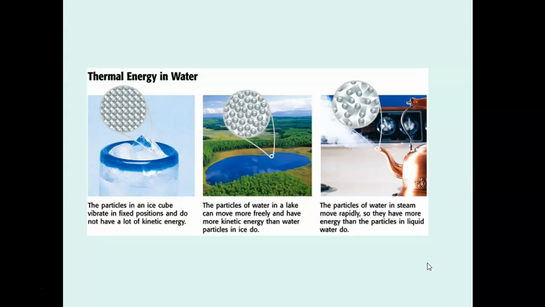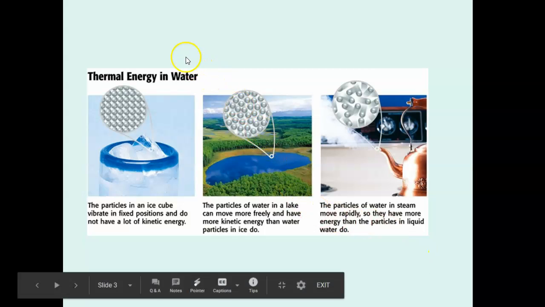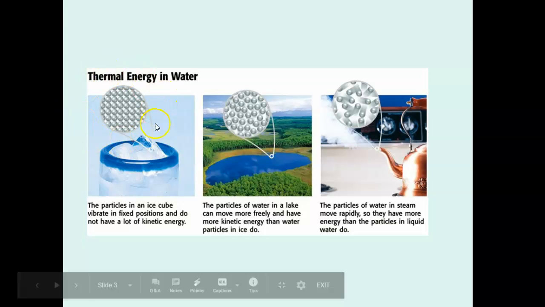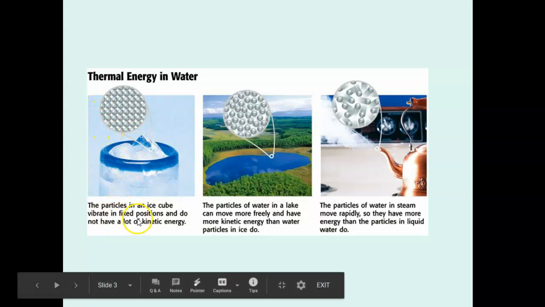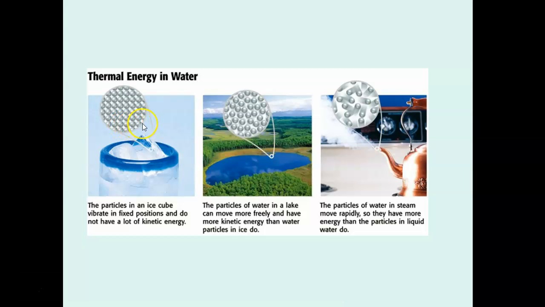If you look at the picture of each of the individual particles of water, those particles are very tightly bound, they have very close bonds, and they are spaced very closely together. They are in a fixed position. They don't have a lot of kinetic energy because they are not vibrating very much. That also means they have a very low temperature.